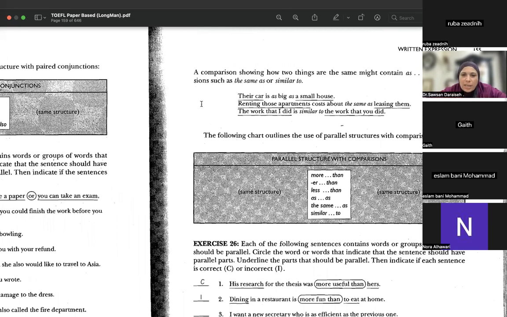عارف علي كيف؟ هلا بقول لك كيف. Wait. A comparison showing how two things are the same might contain as adjective as. لما بدي أحكي عن شغلتين، طبعا هاي الشغلتين ذكر هون قبل as الأولى وبعد as الثانية هاي معناها بتساوي. يعني مثلا for example my sister is as tall as I am.